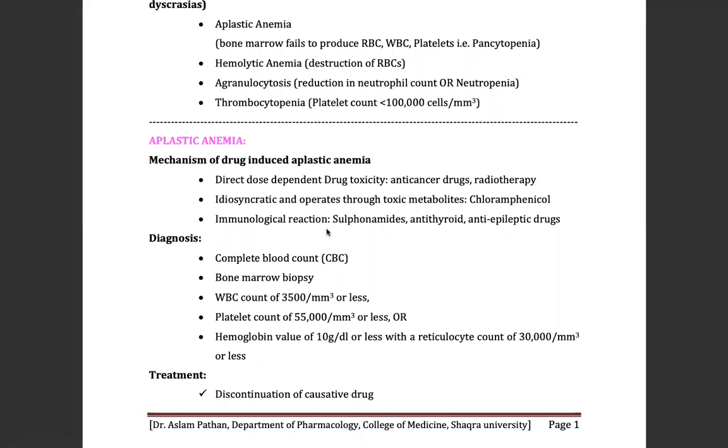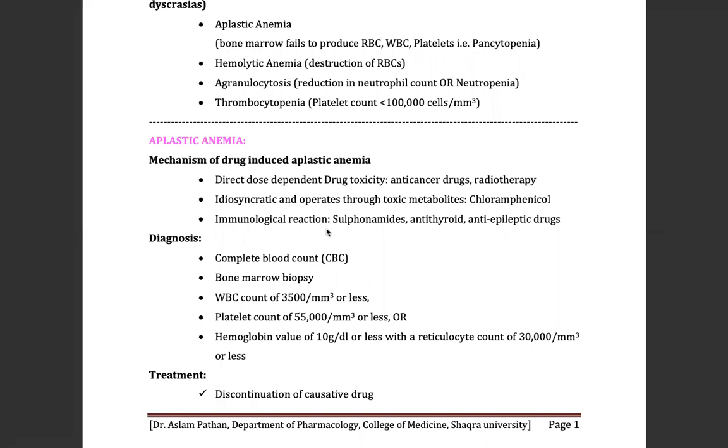Second one is idiosyncratic reaction operating through toxic metabolites. Every drug undergoes metabolism, and after metabolism it produces metabolites. Many drugs have toxic metabolites, which may lead to the destruction of the RBC, WBC, and platelets.